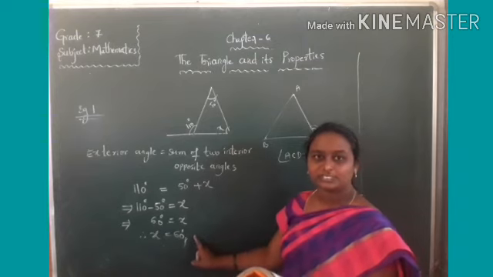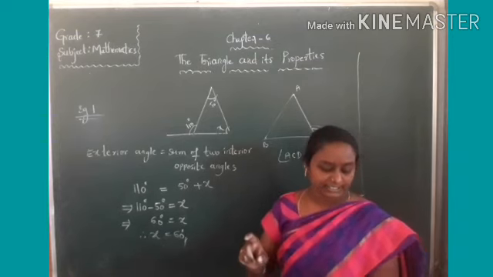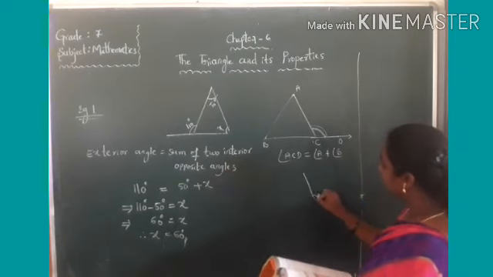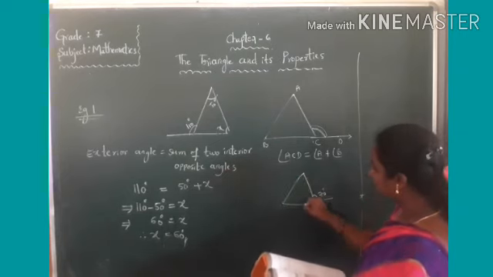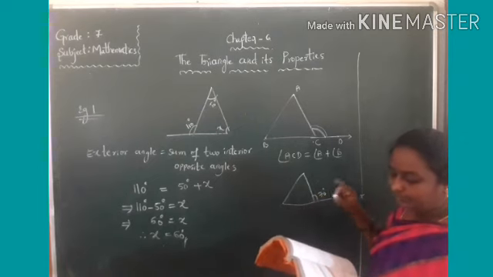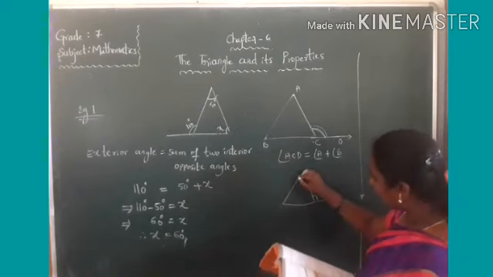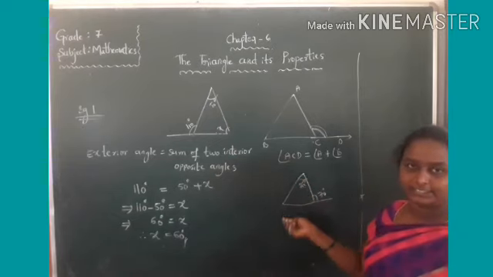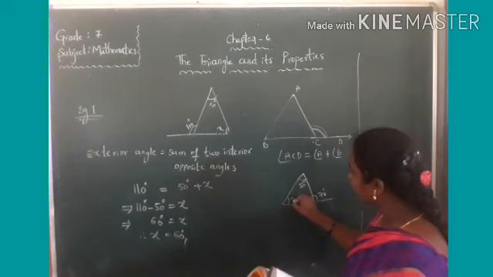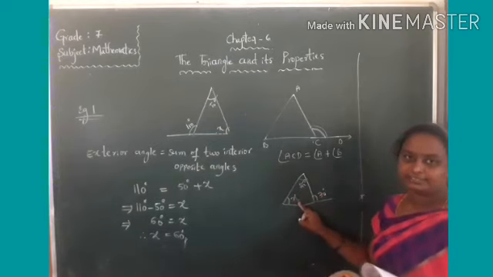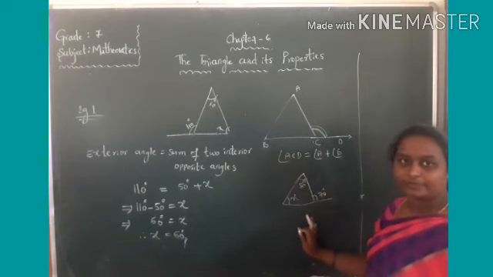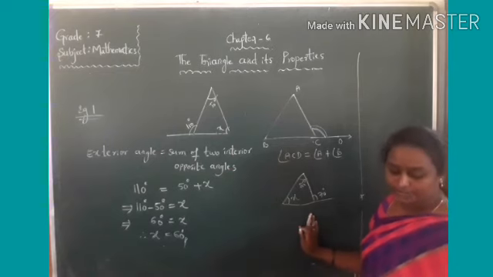Here also the exterior angle is given, that is 70 degrees, and one interior angle is 25 degrees. You don't know the other, so consider the angle as X. Same procedure, same type of problem. Very easy, you have to do it.